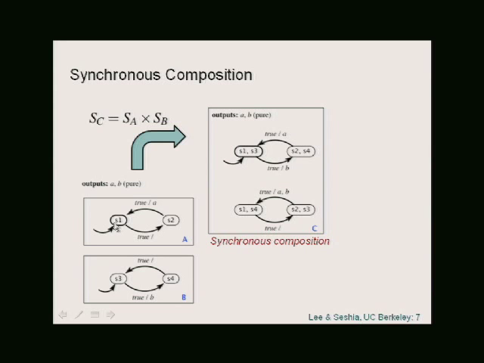Okay? And then you have to decide how to draw these edges. And the way to do that is to consider what happens when you simultaneously go from S1 to S2 and from S3 to S4, right? And so if you look at the picture here, you can always go from S1 to S2 and there's no output. And you can always go from S3 to S4 and the output is B. So the way you would combine this, you would take the AND of these two guards.